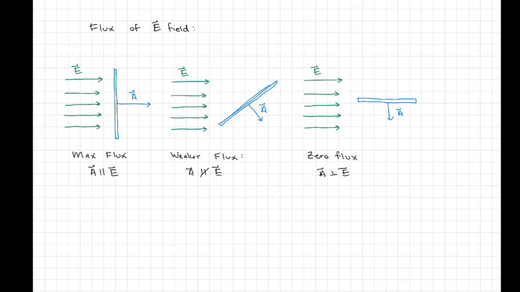So as we talked about in 183, we can have a really simple situation if the vector field, in this case the electric field, which means both the magnitude and the direction of it, are constant across our surface.